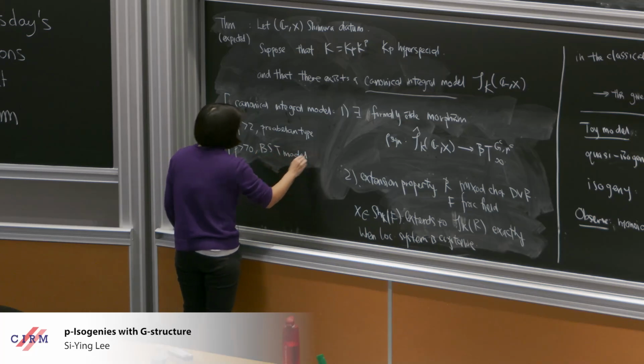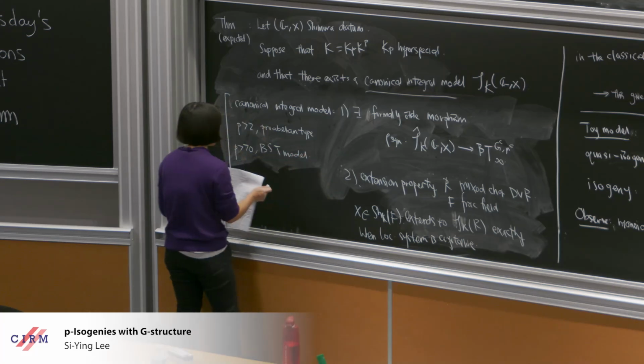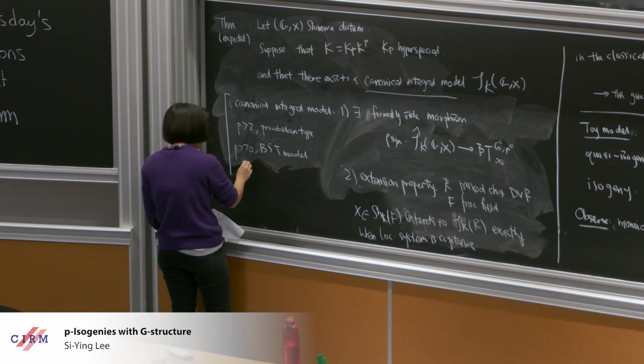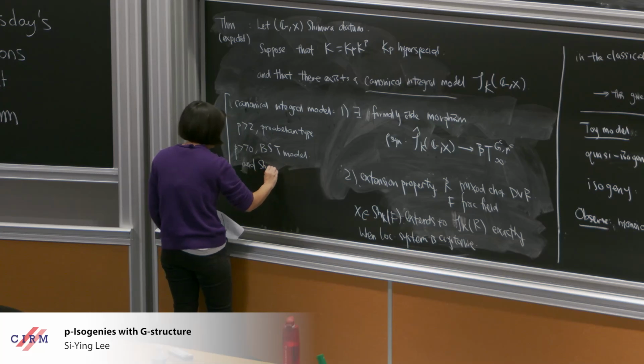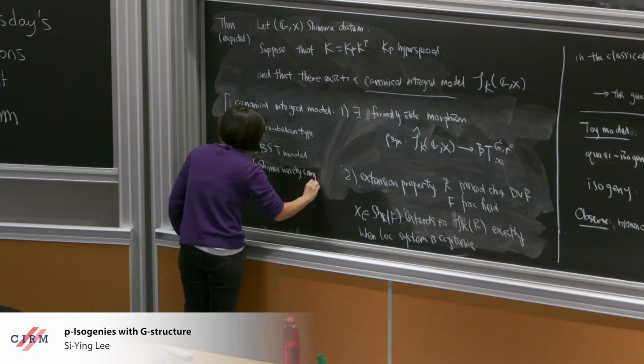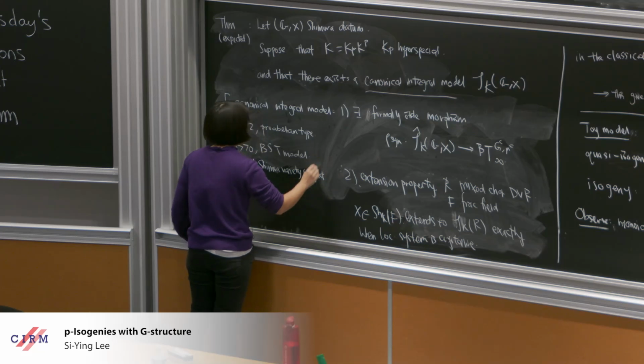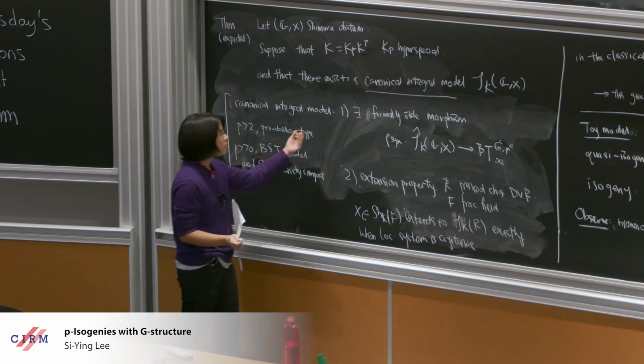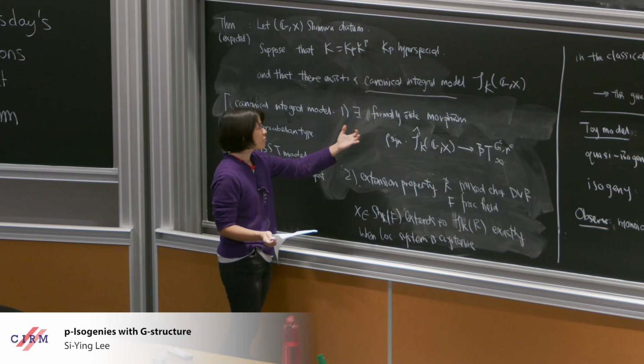But here, unfortunately, I also need that this Shimura variety is compact. So those are the situations in which I know that there exists a canonical integral model.